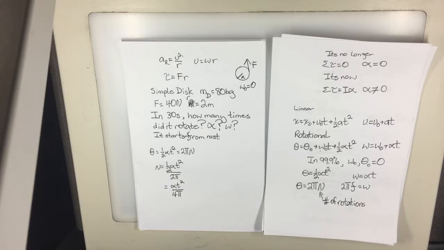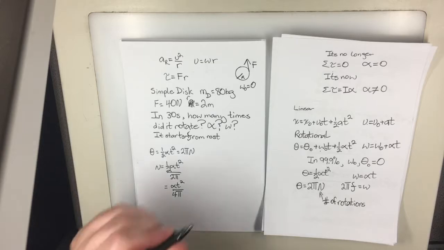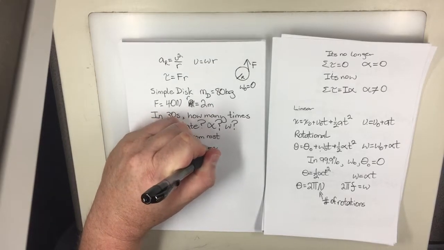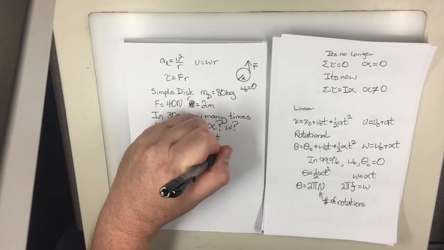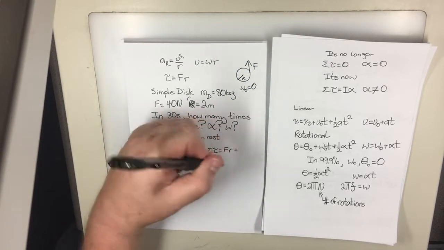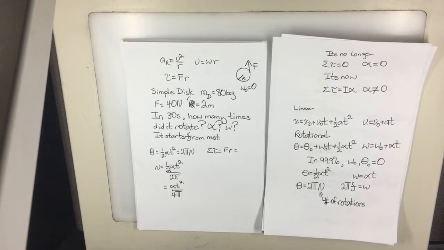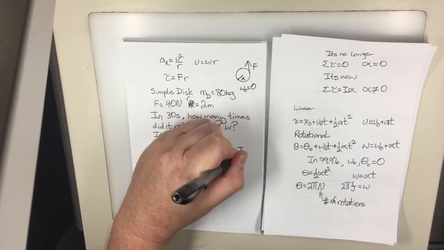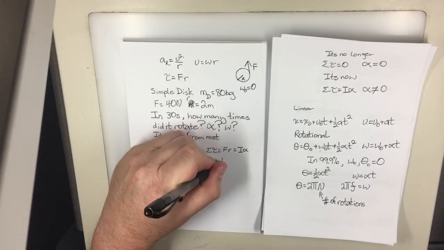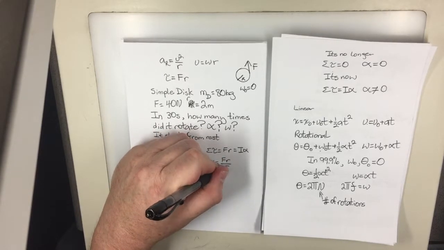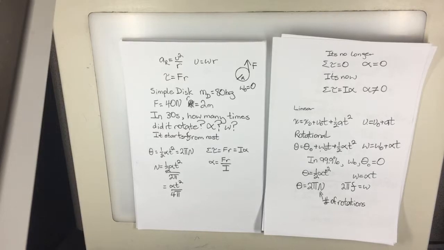However, I know that a force is acting on the object causing an angular acceleration. So the sum of the torques, there's only one force, so one torque, force times R. That force times R is equal to I alpha. So alpha is FR over I. Now before I plug in alpha into this, alpha has an unknown.